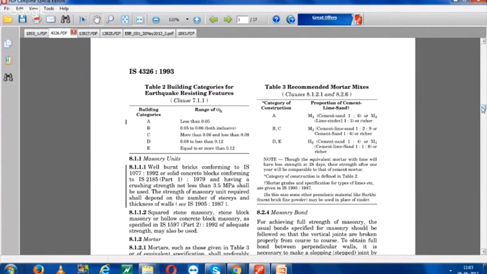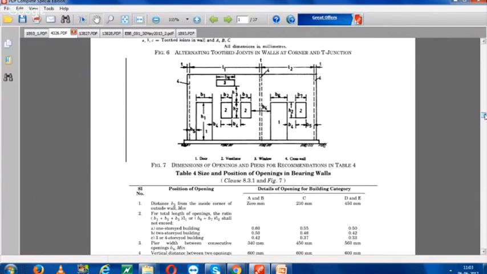How much openings need to be there? How much vertical reinforcement? As I told you that some vertical reinforcement need to be provided. Some horizontal band need to be provided. But how much diameter, how much dimension of your bars should be there? So it needs to be calculated through code. So here it is given. In figure number 6, it is given height of the door, B1, B5, B2, all the things are given, and you need to calculate from here.